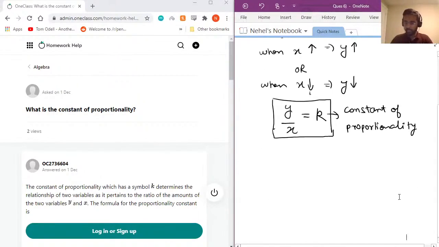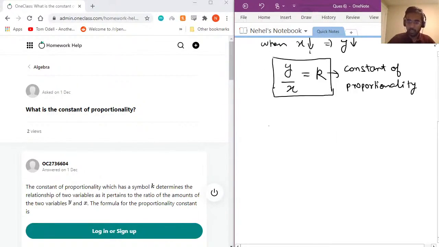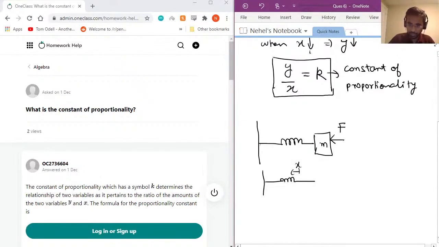If I were to give you a quick example of this, it is when we apply a force F to a spring. The spring moves by some distance, or the spring displaces by some distance x, because of the force.